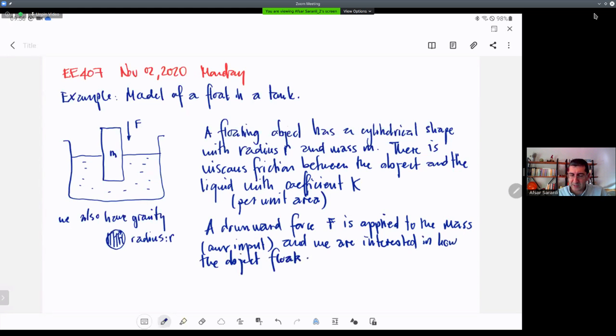That means we are interested in what's going to be this x variable. What's going to be the depth the object is buried in the liquid. So our input is F, and our output is how this variable x changes. There is also the effect of gravity.